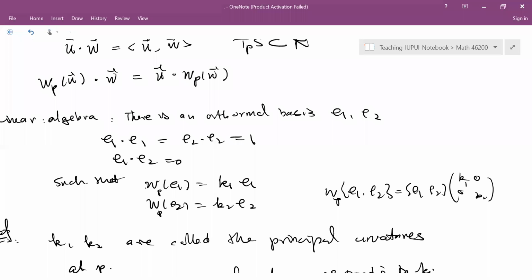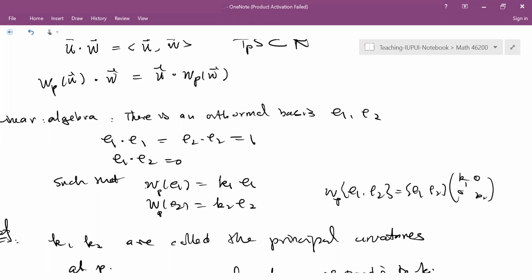If the eigenvalues are different, then those two eigenvectors must be perpendicular to each other. Then you normalize them, and you get an orthonormal basis. If K1 equals K2, the eigenvalue has multiplicity 2.